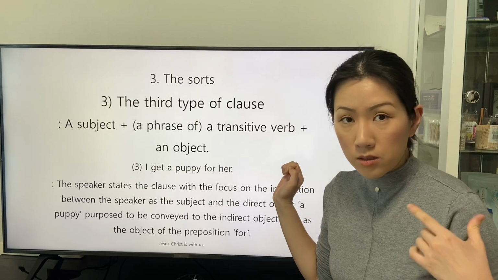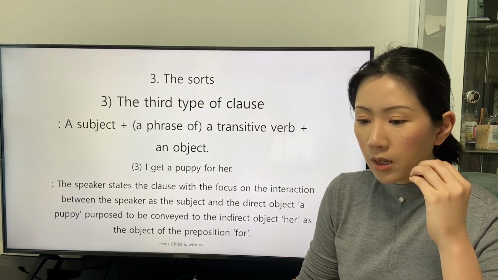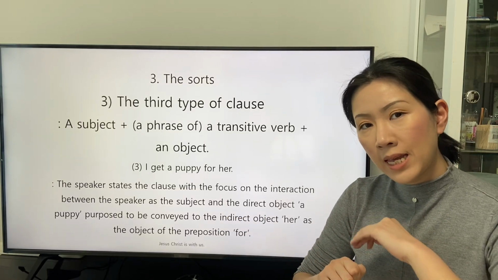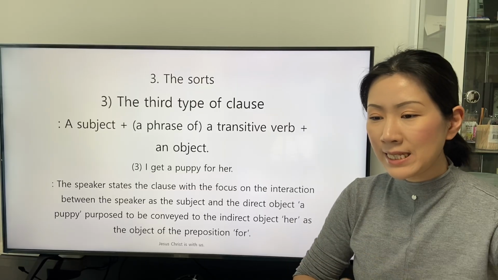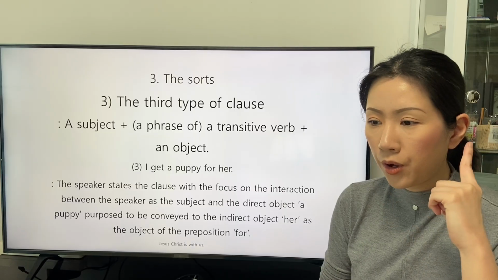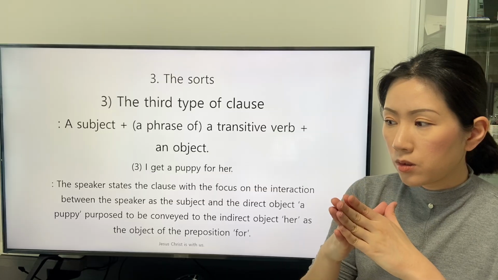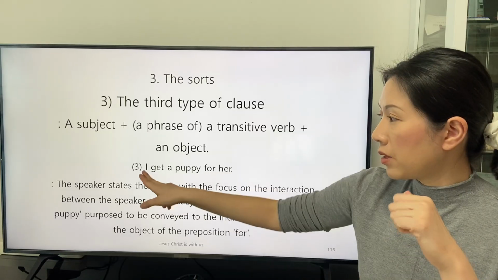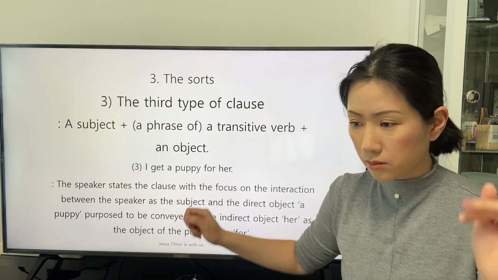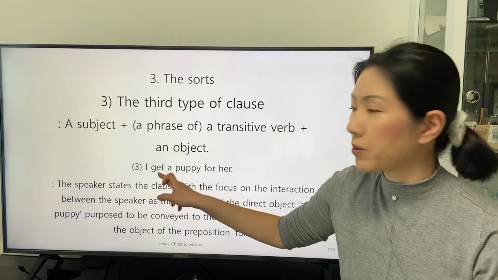And this clause, the third example, I get a puppy for her, is able to be interpreted as a clause to deliver the focus of the speaker from the subject to the direct object, mediated by the transitive verb get.